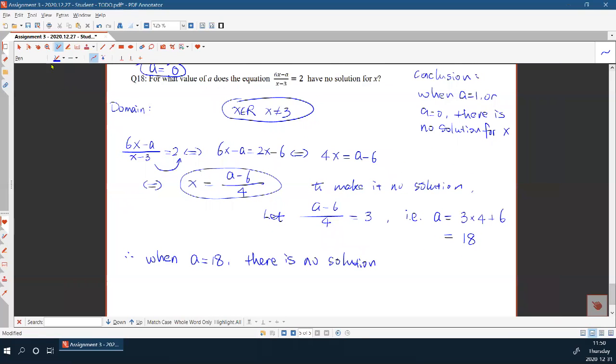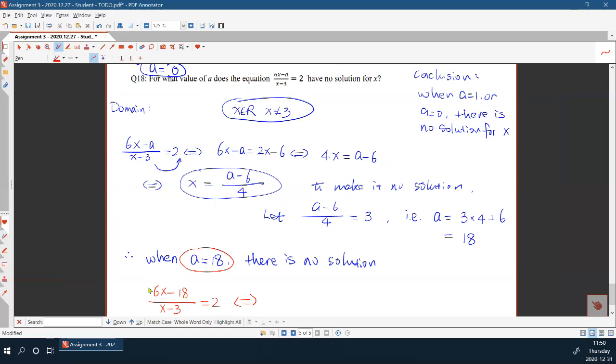If it's still not obvious to you, you can try to verify this, right? Okay, when a is 18, let's put this value into the original equation. The numerator becomes 6x minus 18. The denominator is x minus 3, equals 2, right?